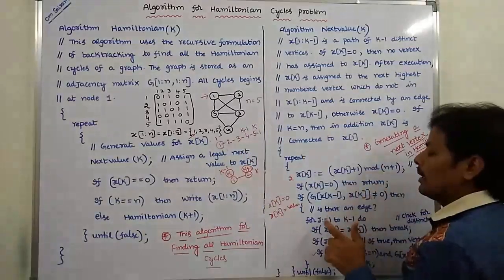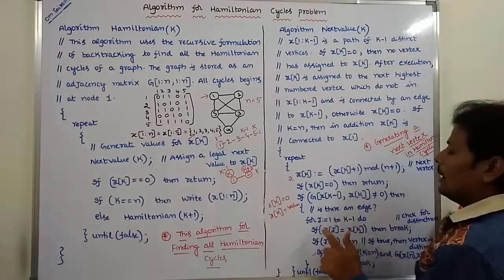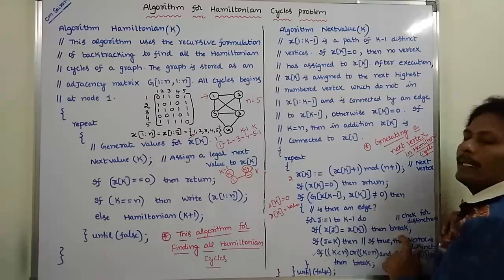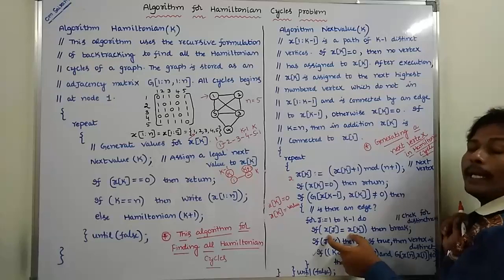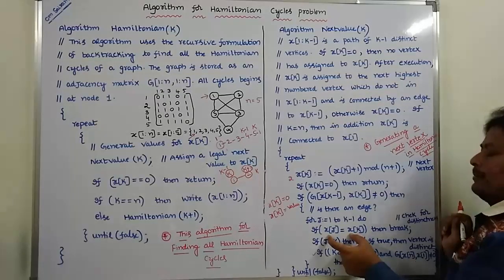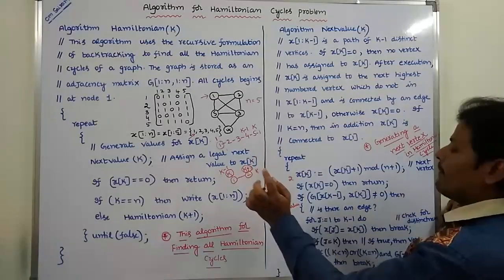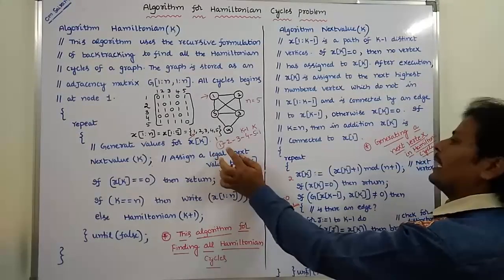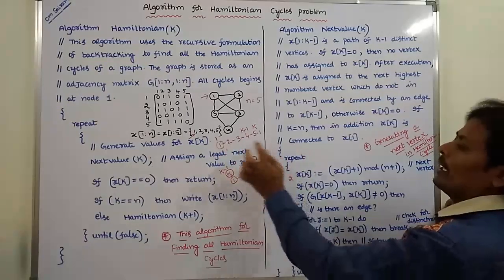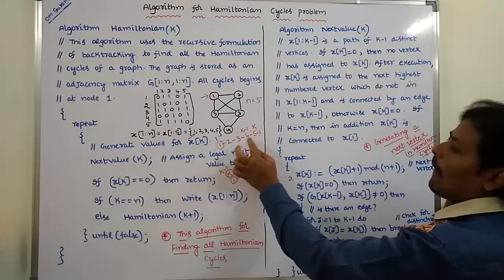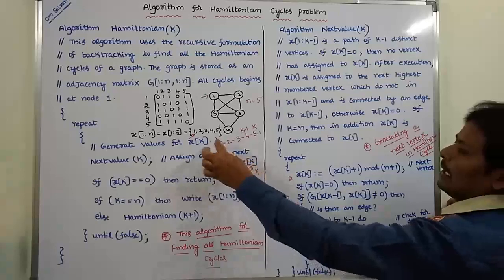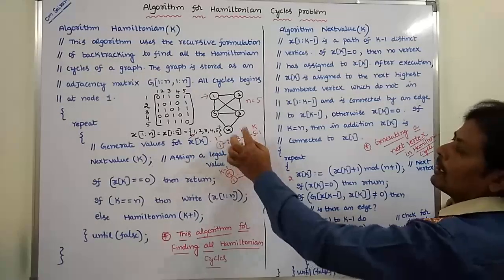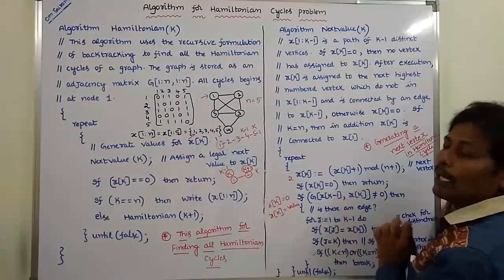If x of j is equal to x of k, then break. Now we have to check whether any duplications are there. This is j value 1 and k value 1. So 1 is equal to 1. Are there any duplications? There are no duplications, because initially the k value is 1 and k is incremented up to 4, and the last one is the k minus 1 value.